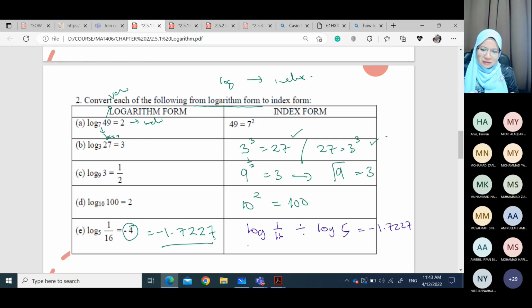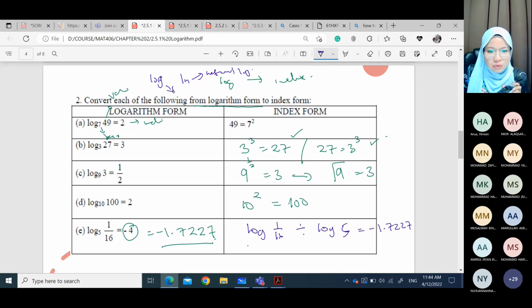Okay, itu untuk MS. Dia memang kena bahagi, sebab kita tukarkan semua ke dalam log 10. Dalam kalkulator tu dia ada dua: satu log, satu ln. Ln ni adalah natural log. Yang dalam kalkulator tu tadi base dia adalah 10.